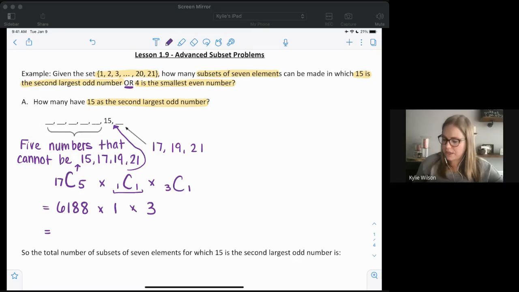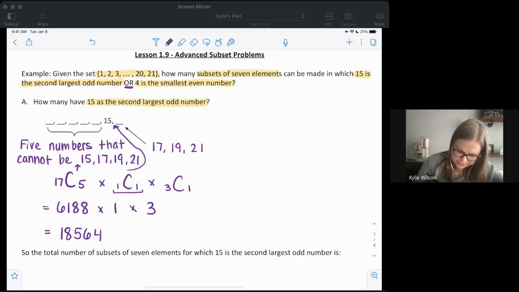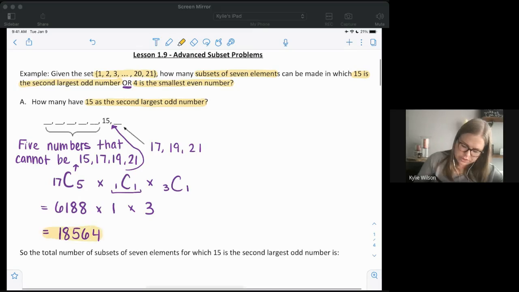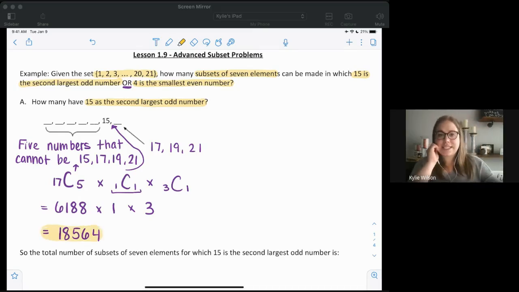There we go. So now I'm just going to put this in my calculator. And I get 18,564. So that is our total number of subsets, in which 15 is the second largest odd number.